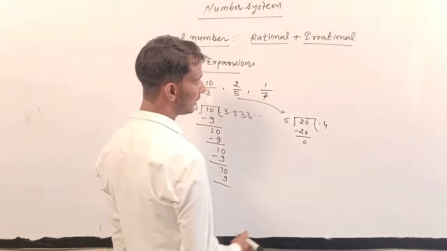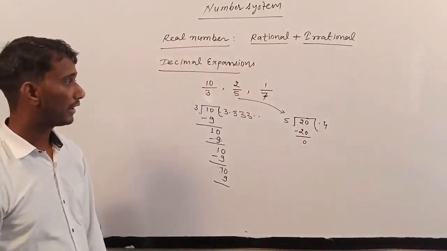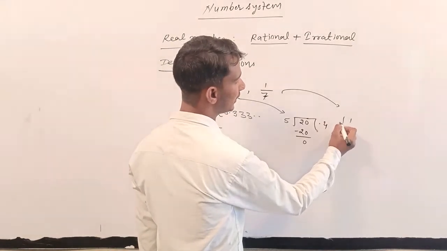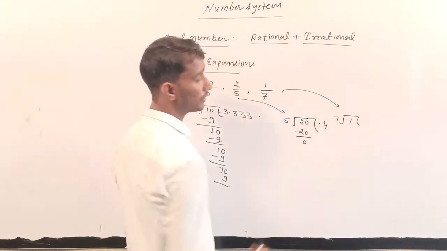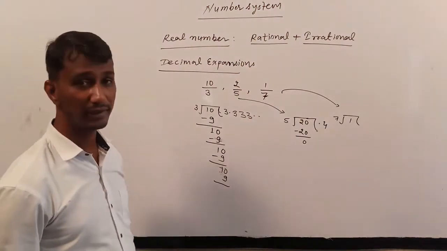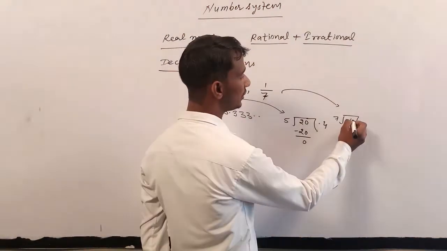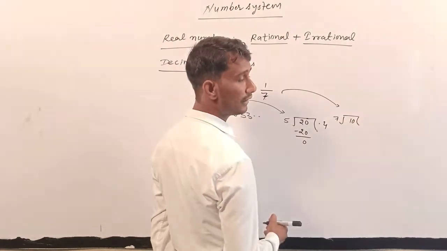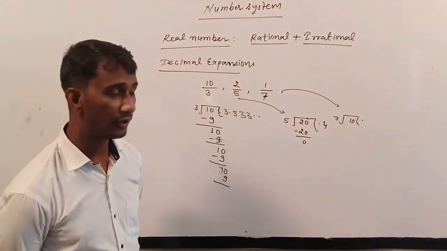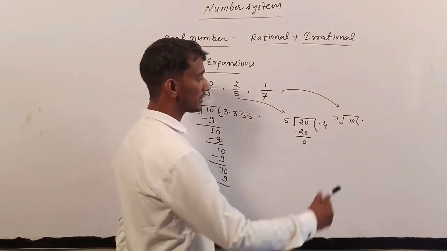This means the division is completed. Check another example, 1 upon 7. If 1 is divided by 7, 1 is not divisible by 7, so we put 0 in the quotient and mark the decimal point.